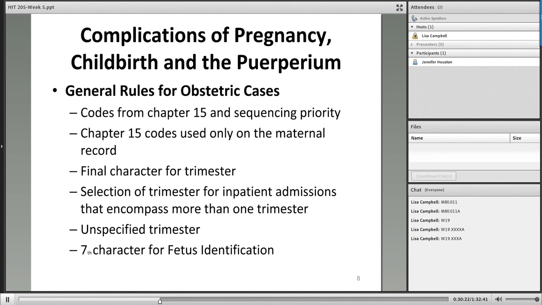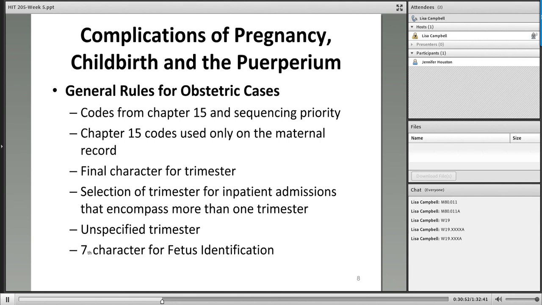So they have a second scenario where the patient is pregnant at 21 weeks gestation, admitted with excessive vomiting. So they give you a code, O21.2, late vomiting of pregnancy, and then Z3A.21, because the patient is 21 weeks gestation.